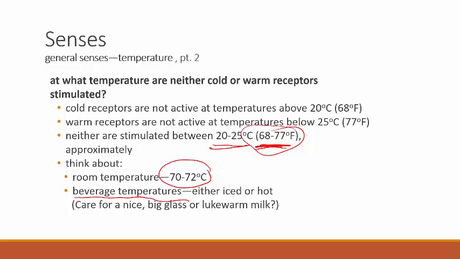That's what captures our attention and makes us go, that was tasty. So this range of temperature, that's 68 to 77, or 20 to 25 in the Celsius scale, those are important temperatures to either maintain if we're thinking about comfort in our skin, or to avoid if we're thinking about sparking some interest in the mouth.